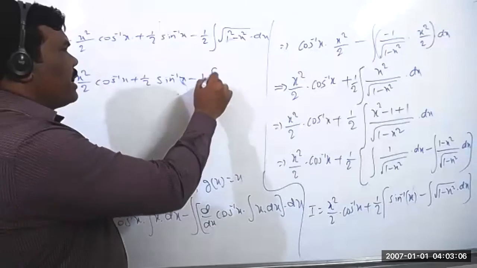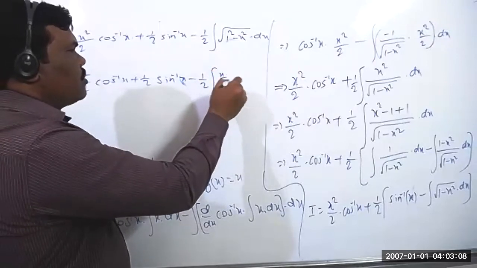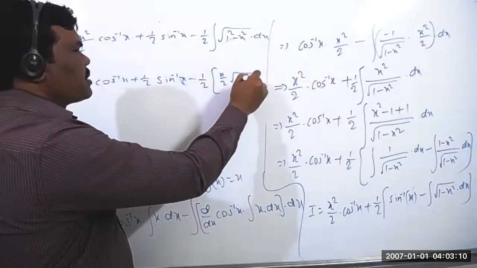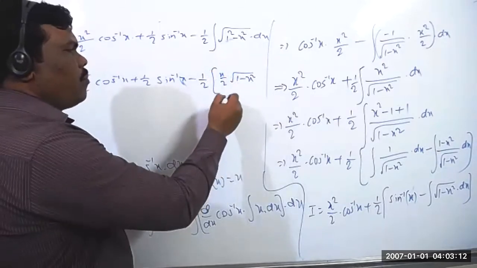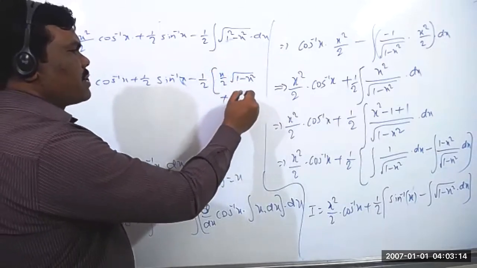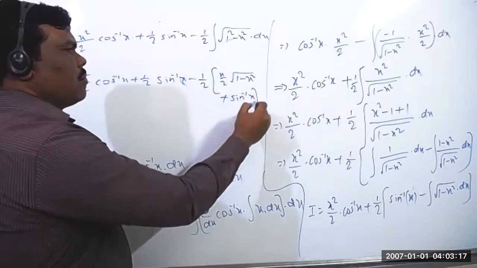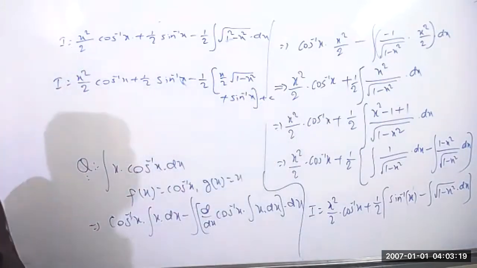Minus 1 by 2 into x by 2 into root of 1 minus x square, correct? Plus sin inverse of x plus c.